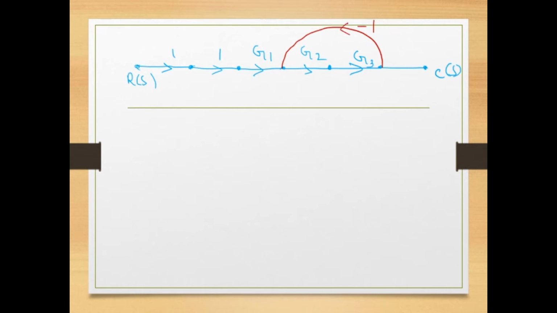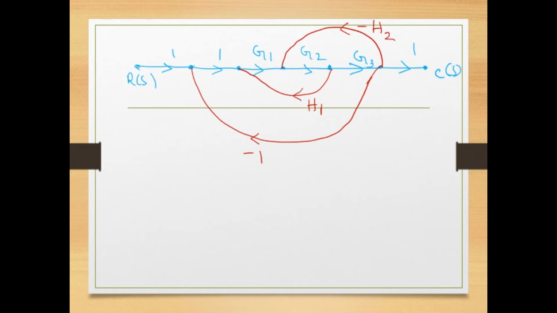This was minus H2, and this is H1 with a plus sign, and we had one more with a -1, and here the branch gain is 1. So this is what we had drawn from the given block diagram.